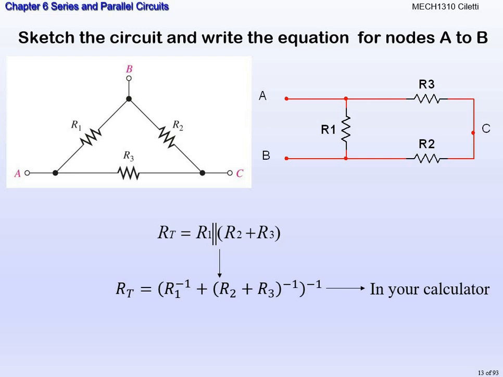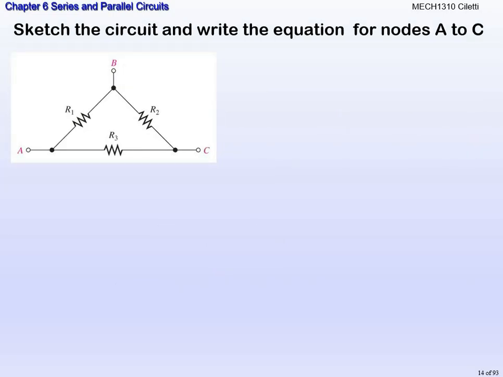So if you had numbers, that's how you would substitute that in your calculator. What's very imperative, and I want you to make sure that you have this in your notes because we're going to do all 3 versions of this, is that I really want you to be able to draw the original circuit and then draw its equivalent circuit. You should be able to, if I gave you values, write this as one single circuit. Okay? Let's take a look now.